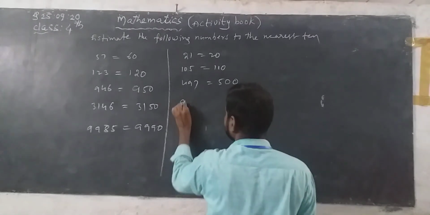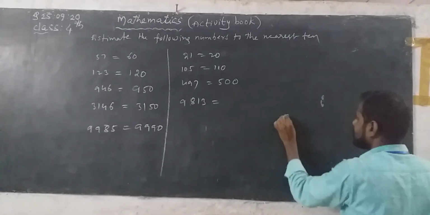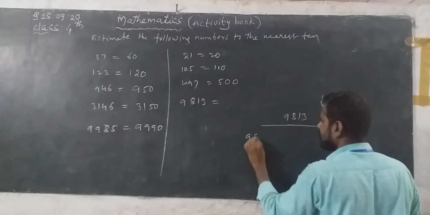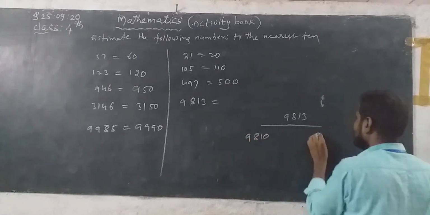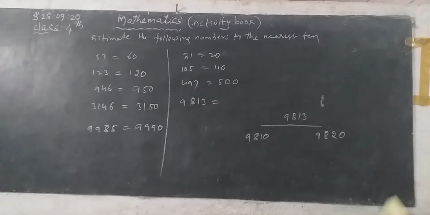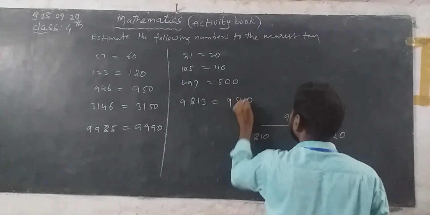9813. So here 9813 lies between 9810 and 9820. So 3 is less than 5, I have to take the before tens, that is 9810.